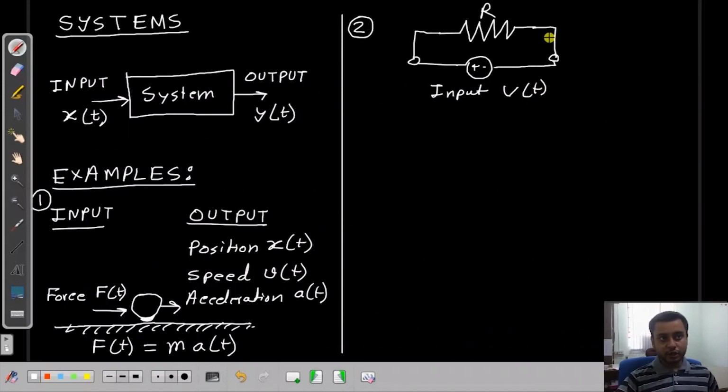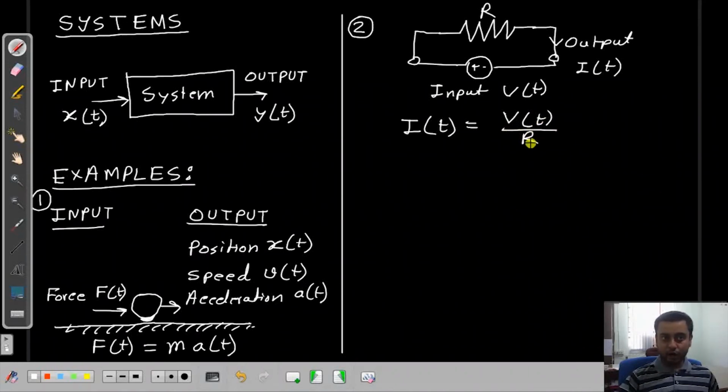As a result, we shall get some current, and that we can call the output i of t. So this resistance is a system, and the relation between the input and output is very simple. i of t is equal to v of t, the input, divided by a constant resistance.